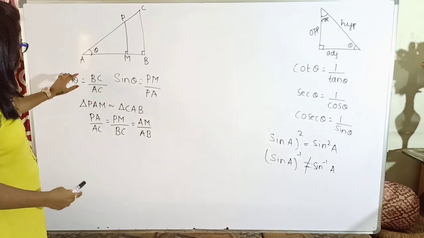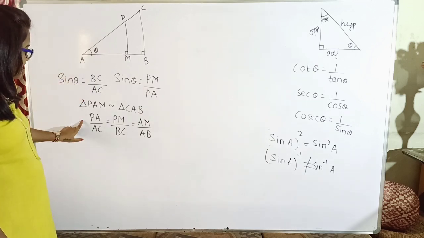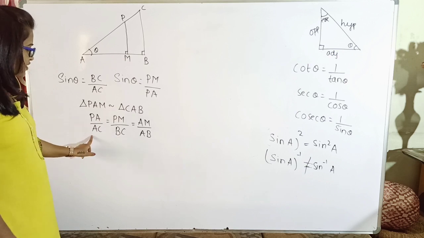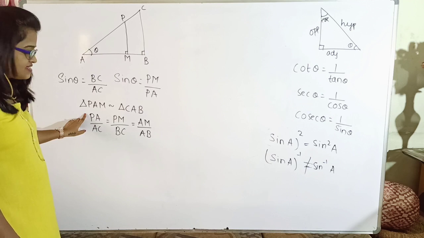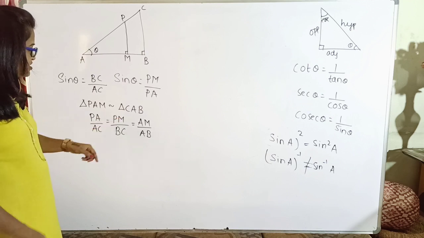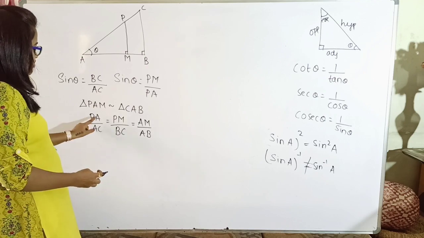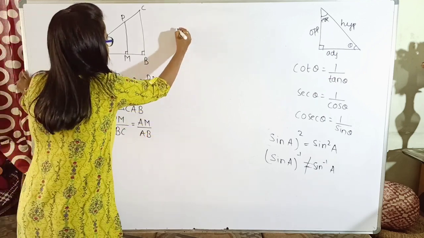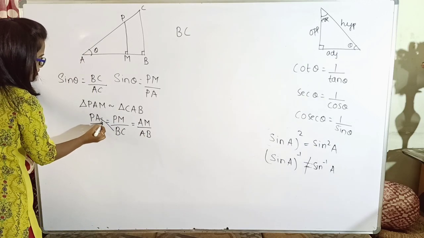Here I want BC upon AC. So if I take these two ratios and shift BC to this side, AC to this side, and PA to this side, what will it be? After shifting, BC will go here and PA will come here.